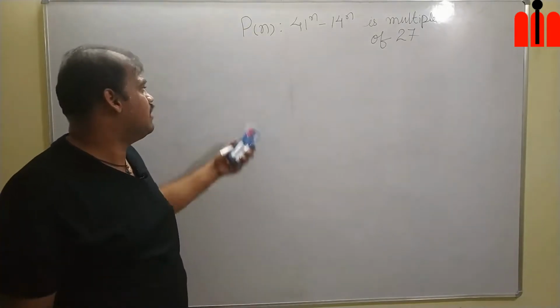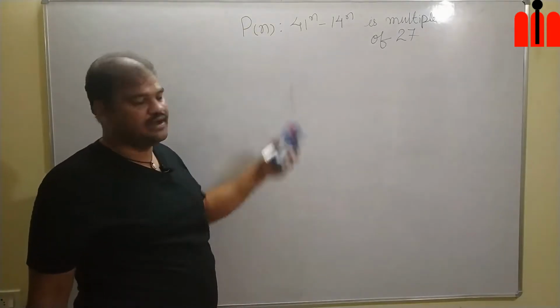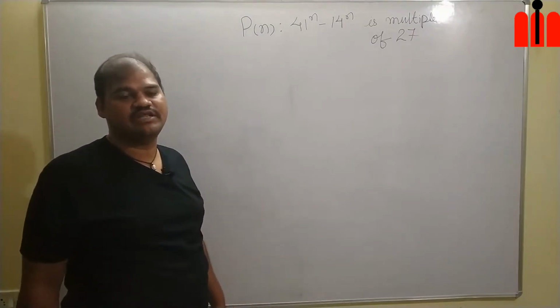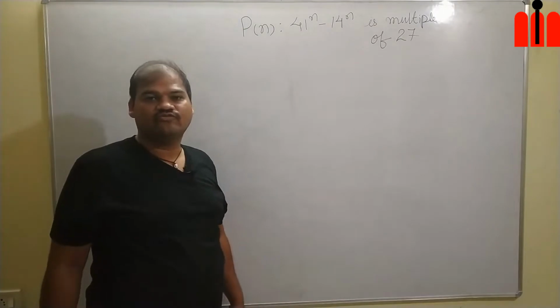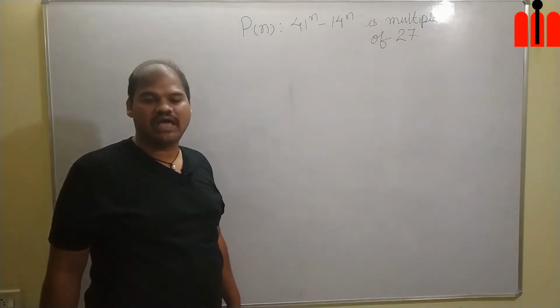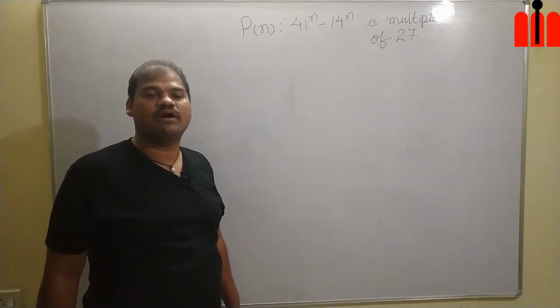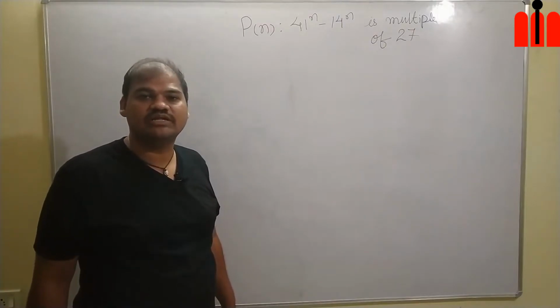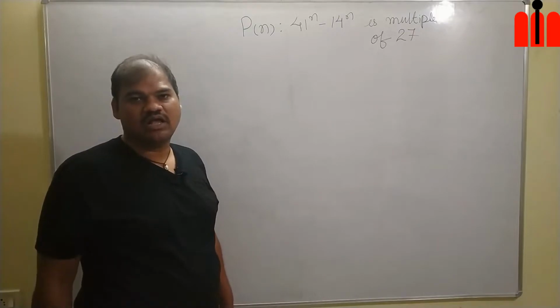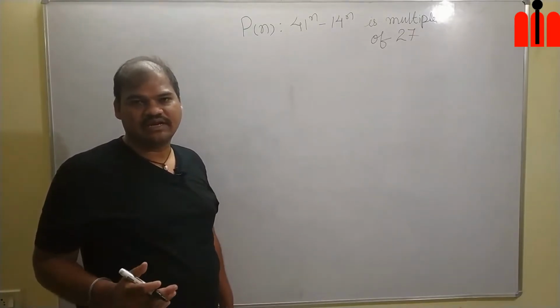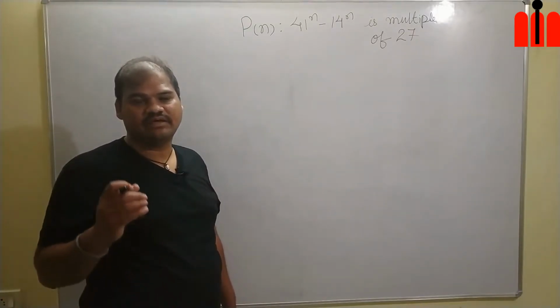So my mathematical statement is represented by Pn. Pn is 41 to the power n minus 14 to the power n is equal to 27k. Whenever a multiple is written, it can be written as 27k.